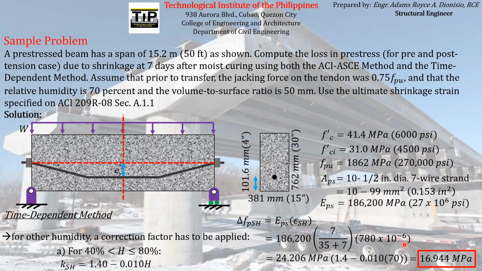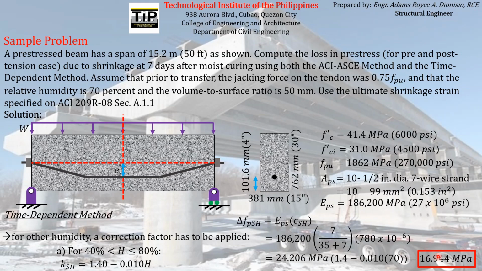Actually, in the formulas we have given, it is not specified that the formulas given a while ago for the case of the time-dependent method are used for pretension or post-tension case only. So we can assume that the formulas given a while ago are applicable for pretension and post-tension cases.